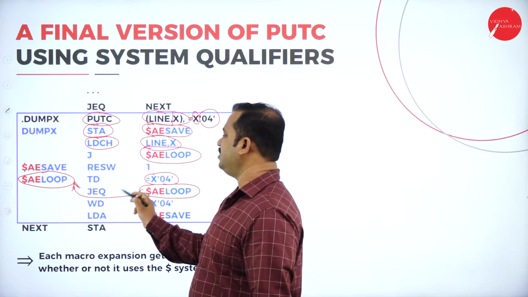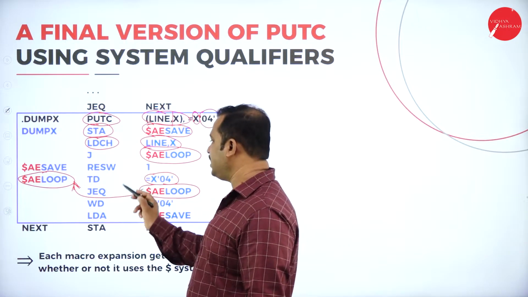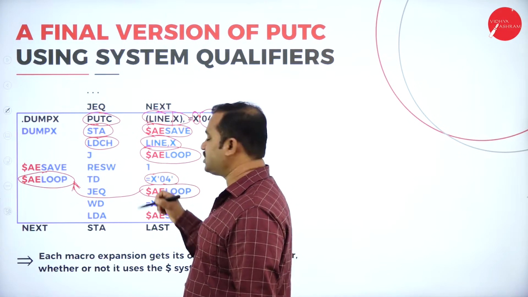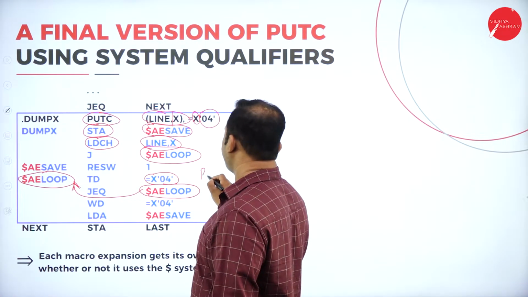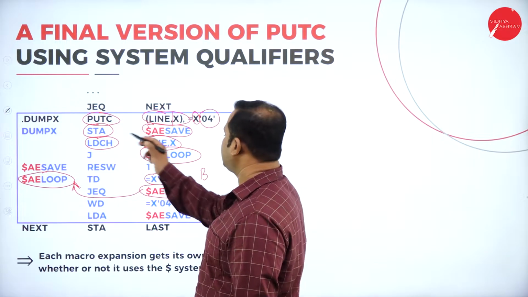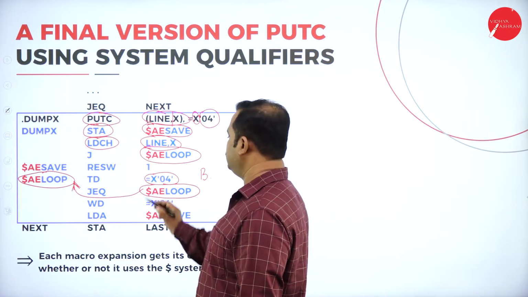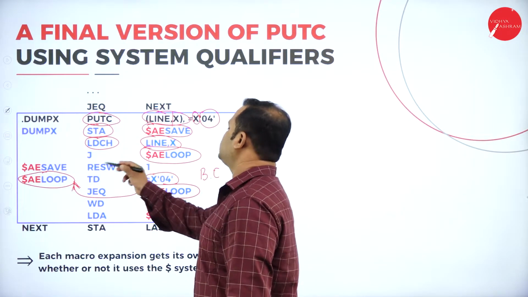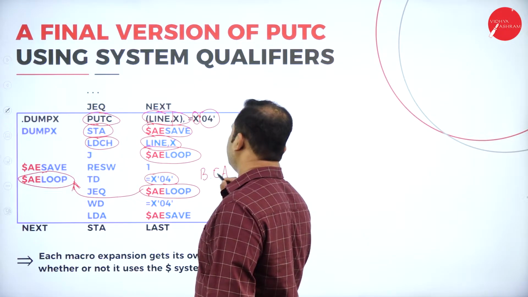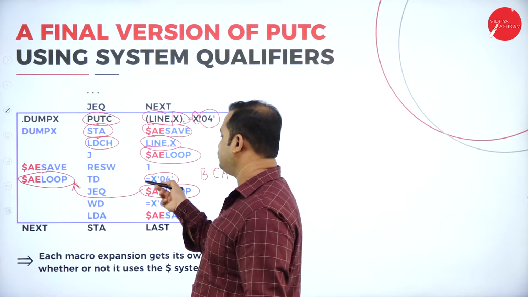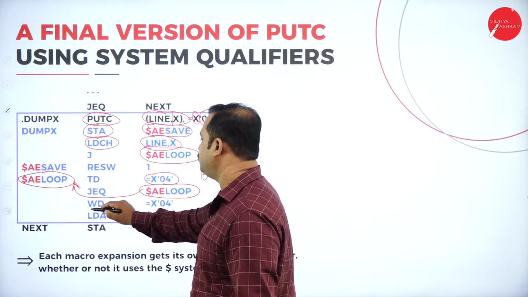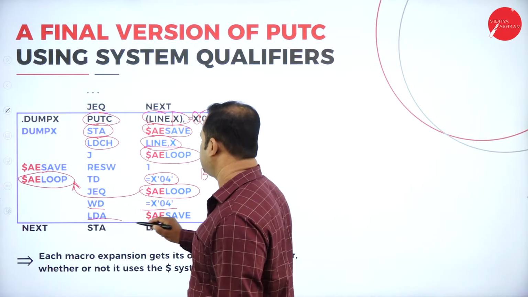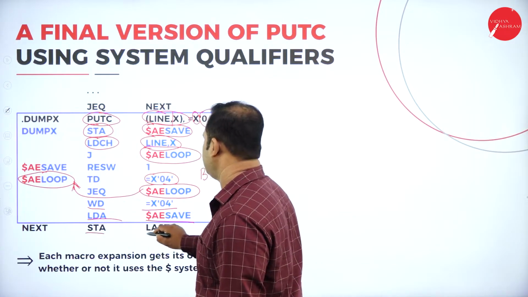Now if it is equal, it is invoked once again, that is, the next character is read, that is B. Then the next character is read, then the next character is read, C, then the next, and then there is no character to read from this device, so it comes out of the loop and then it executes this statement, STA last.